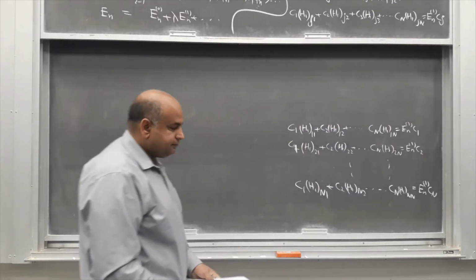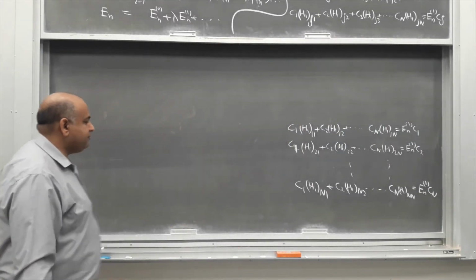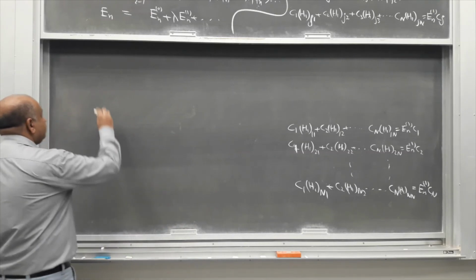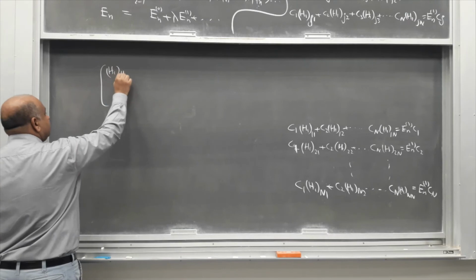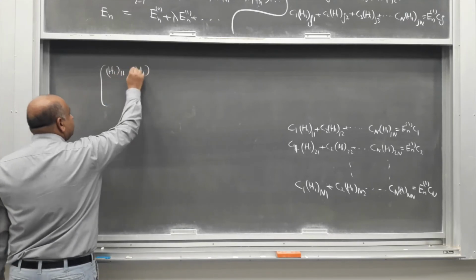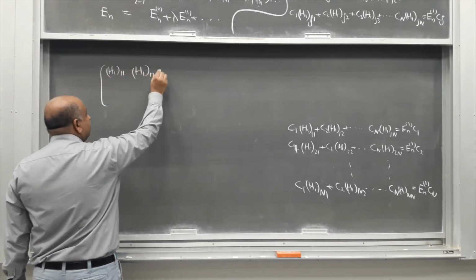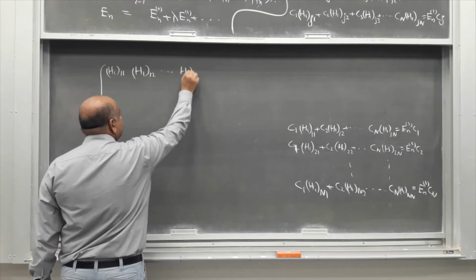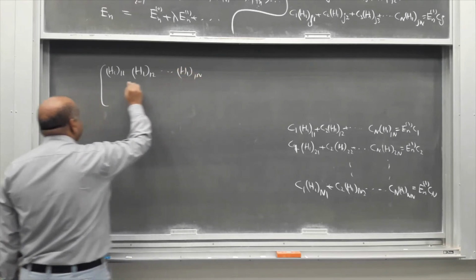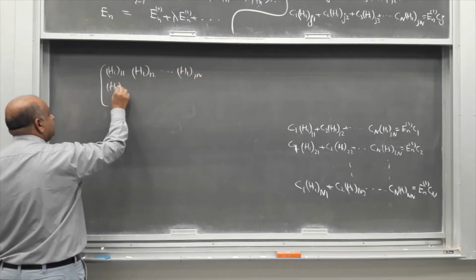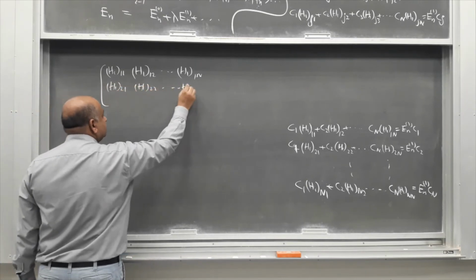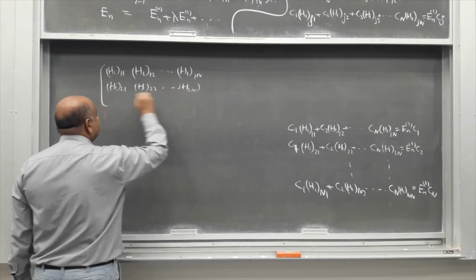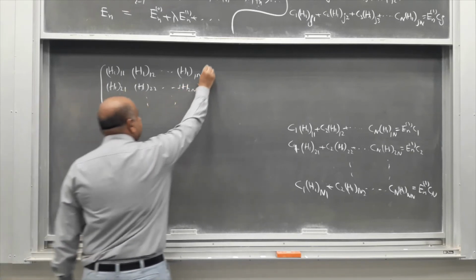And if I express this in a matrix equation, I get this. So there is H1_11, H1_12, up to H1_1n, then H1_21, H1_22, up to H1_2n, and you get the idea.